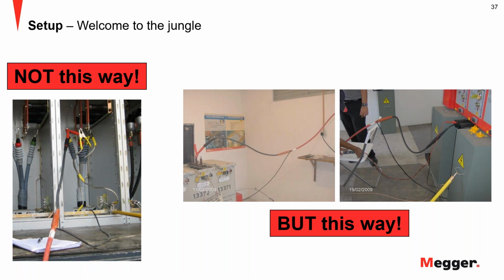So that causes problems right there. You could even have a breakdown of that cable, a flashover, if you go high enough with the voltage. And this whole arrangement is not really nice.